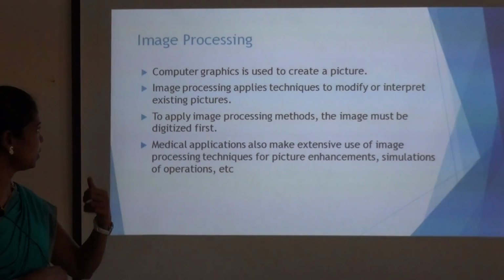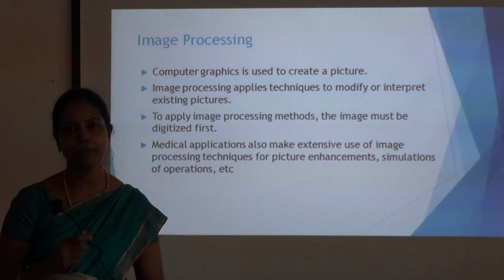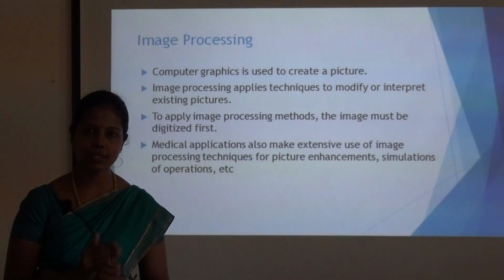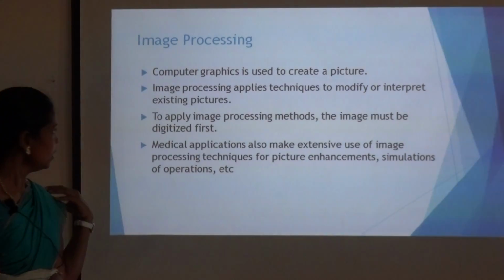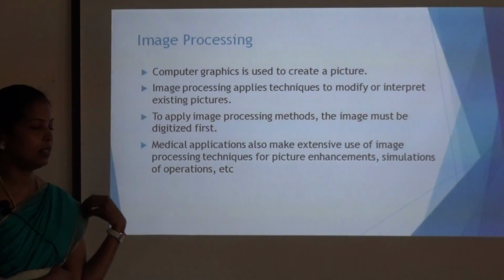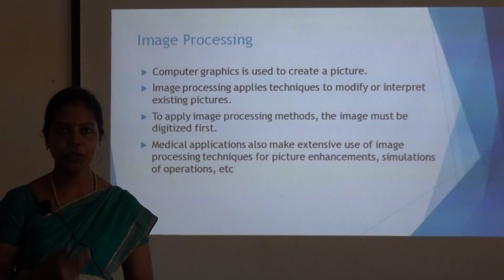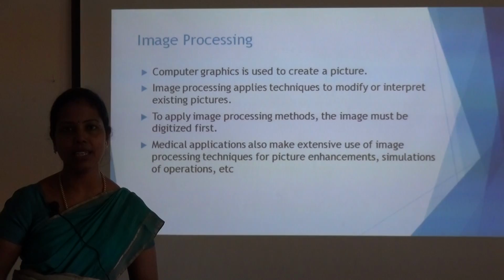Image processing is nothing but modifying or interpreting an existing picture into a new form. The picture has already been taken, and we are just going to modify that particular picture. To apply image processing methods, the image must first be digitized. First we have to make our image in digitized form, only then can we make the changes.